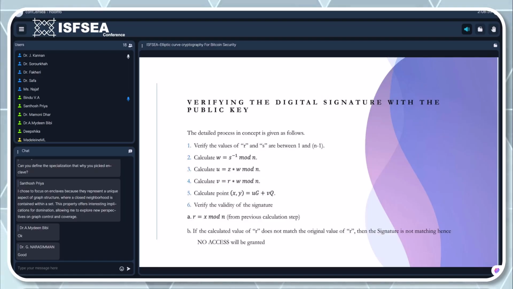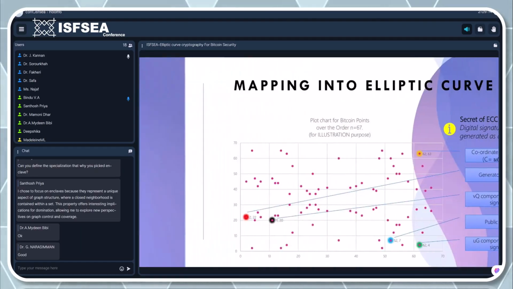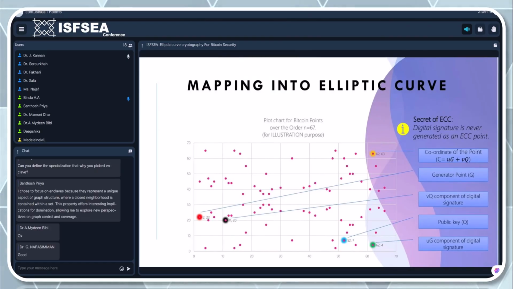Calculate V equal to R into W mod n. Then we calculate the point x, y equal to UG plus VW, where U and V are obtained from steps 3 and 4. Then verify the validity of the signature, that is R is equal to x mod n. If the calculated value of R does not match with the present value, then the Bitcoin is not transferred.